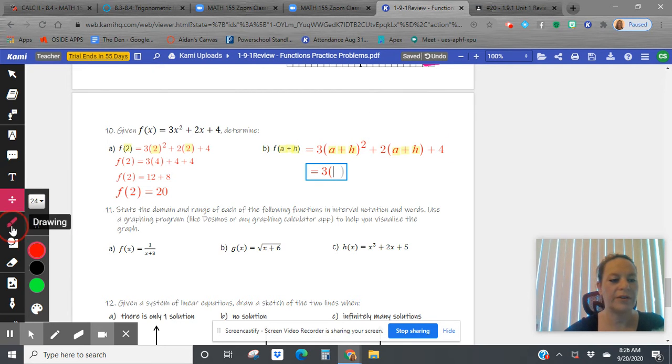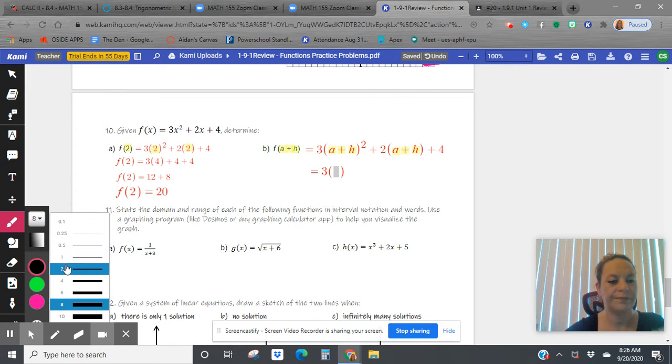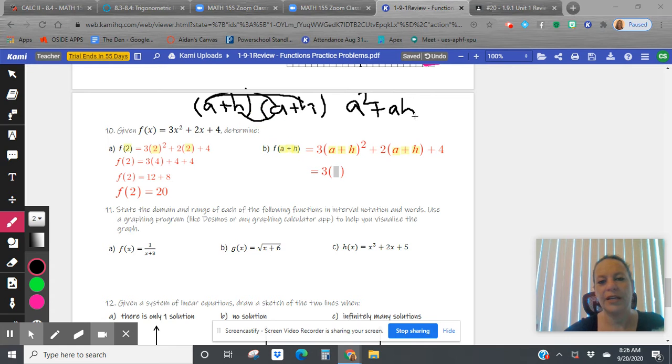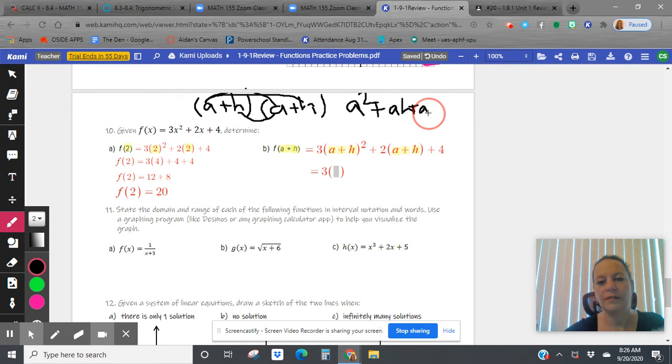I'm going to go off to the side here to do this one. A plus h times a plus h is really a times a, times a times h, h times a, and h times h.